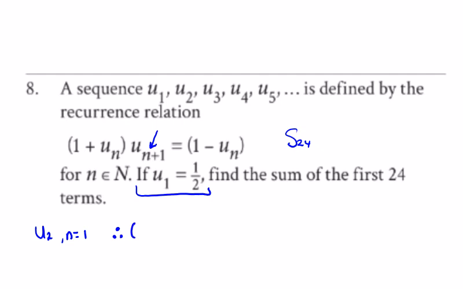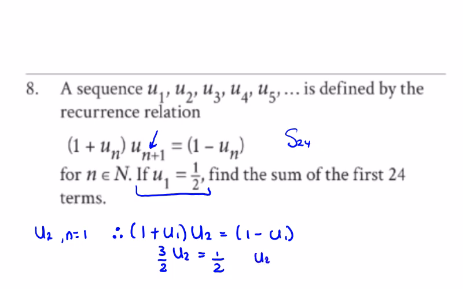We get (1 plus U1) times U2 is equal to 1 minus U1. So 1 plus U1 is 3 over 2, 1 plus a half. So 3 over 2 times U2 is equal to 1 minus a half, which is 1 over 2. So if I multiply both sides by 2 and divide by 3, I get U2 is equal to 1 over 3.